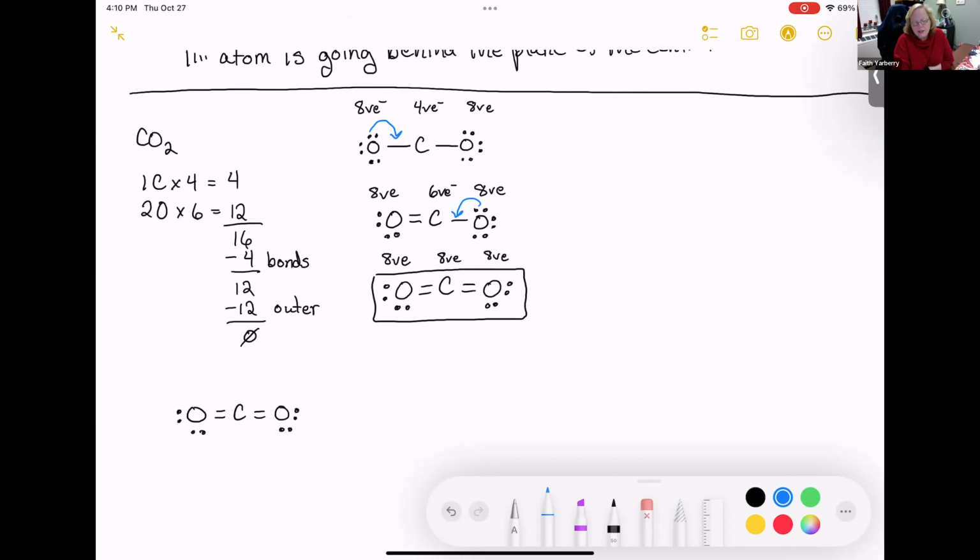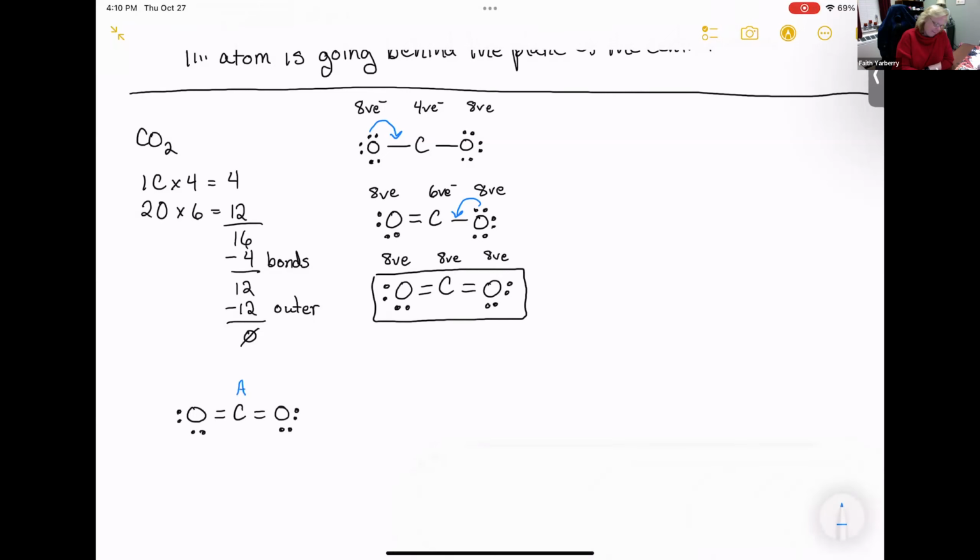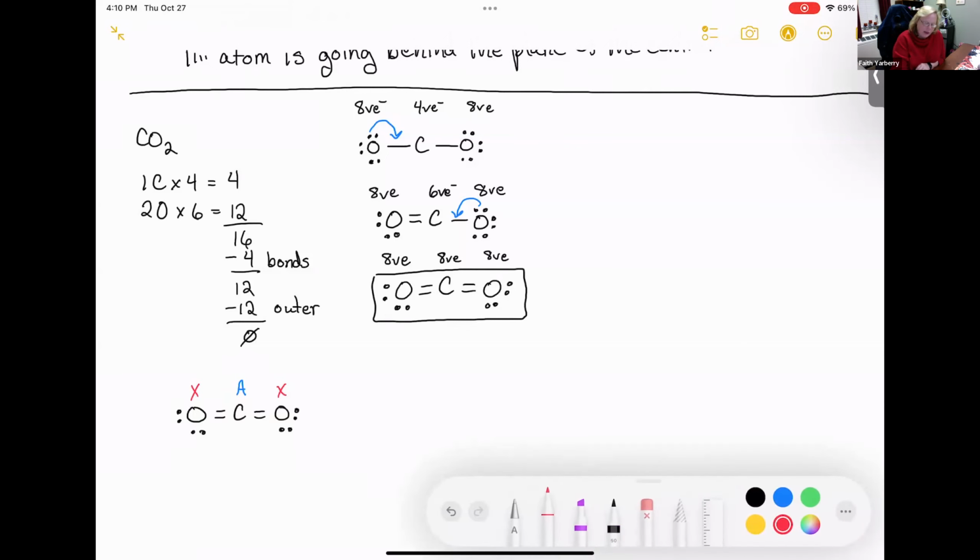The way I do this is my central atom I'm going to label as A. Each element bonded to that central atom I'm going to label as X. And if there is a lone pair on the central atom, I would label it as N. In this particular case, there is not a lone pair.